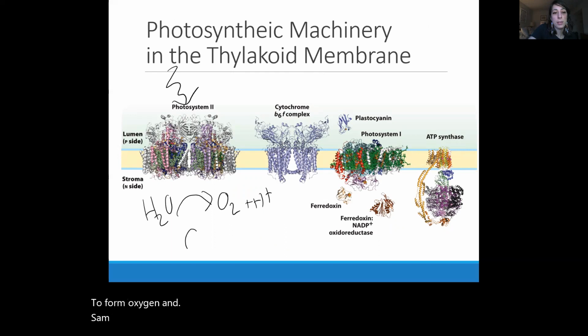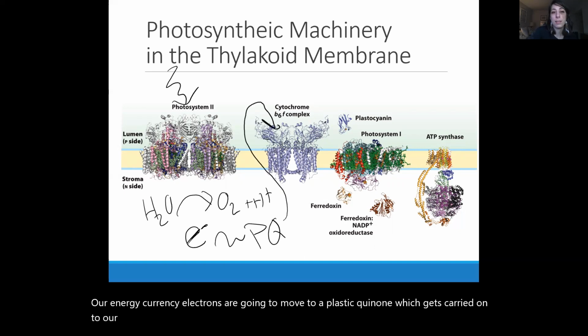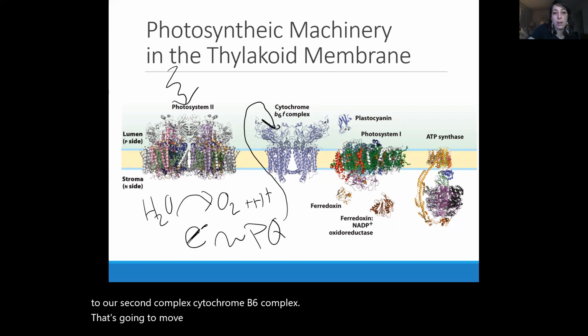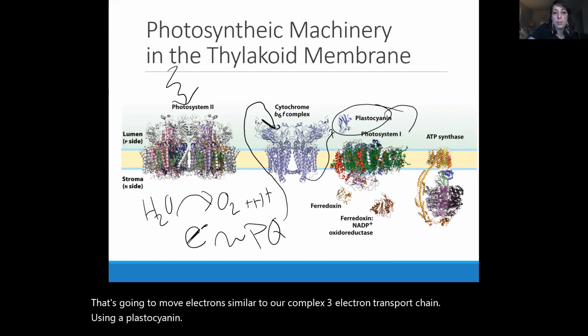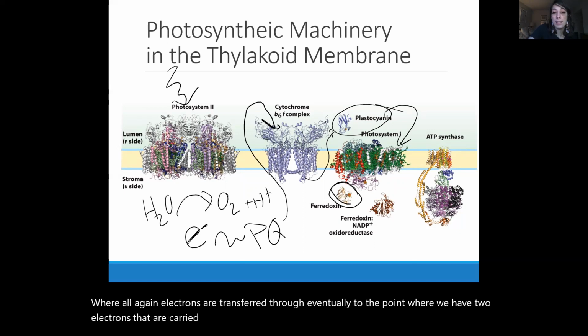During this process, we also are going to get electrons, our energy currency. Electrons are going to move to a plastiquinone, which gets carried on to our second complex, the cytochrome B6F complex. That's going to move electrons similar to our complex 3 in the electron transport chain using a plastocyanin. Plastocyanin goes on to photosystem 1, where again, electrons are transferred through, eventually to the point where we have 2 electrons that are carried by ferredoxin.